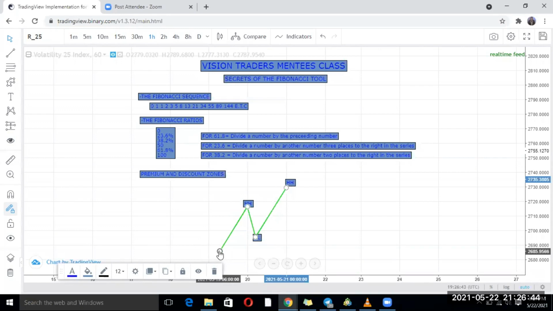The market starts from this low, bursts to this point, and retraces to create a new higher low, and also rallies to a new higher high, isn't it? So now you would want to get in the buy at this zone, right?